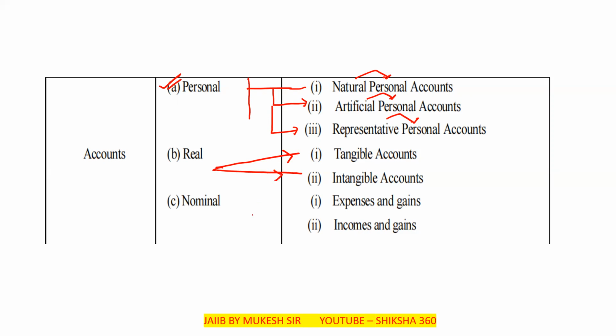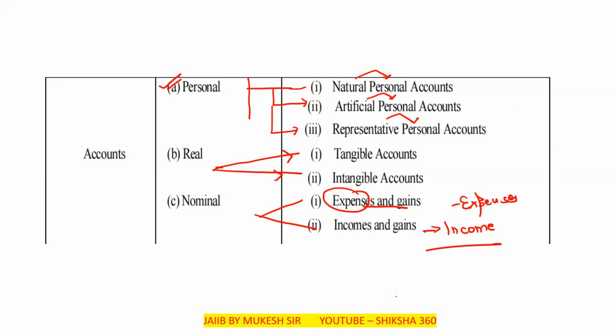Third, the nominal account is further divided into two parts: the first one is expenses, and the second one is income.